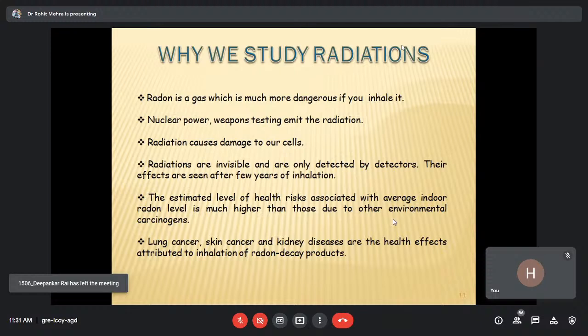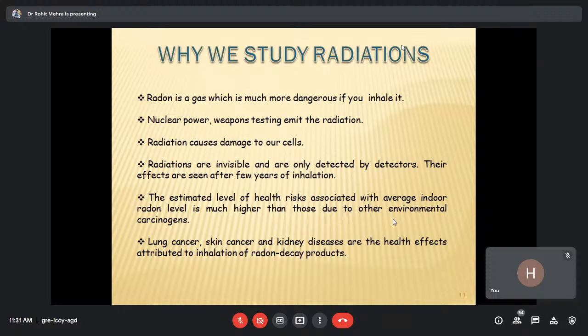Now, why do we study radiations? Of course, you can now answer this question, because I have already discussed that radon is a gas. Once a thing is in a gaseous state, it becomes uncontrollable. Similarly, nuclear power and weapon testing emit radiations. Radiation causes damage to our cells.